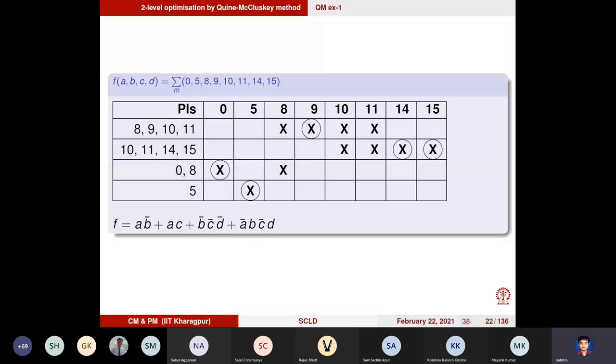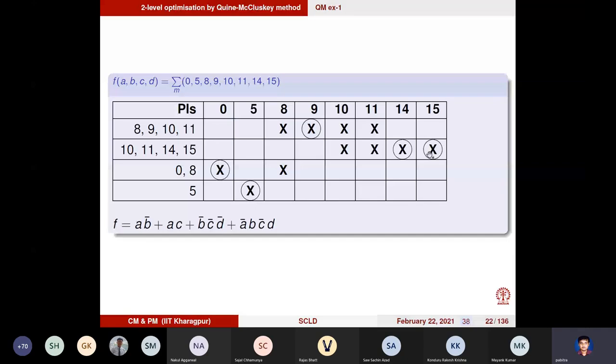One thing you see: you first identify the columns which contain only one cross. 0 contains only one cross, 5, 9, 14, and 15 contain only one cross.